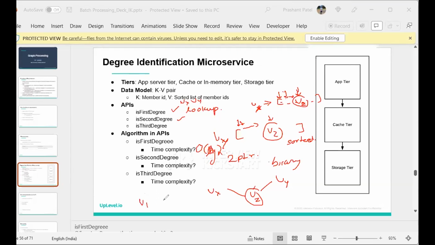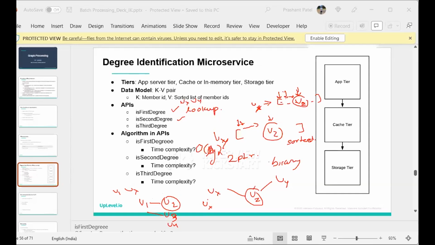Let's say we have to find user one versus user X. Instead of implementing some logic for third degree, we will simply iterate over all the connections of user one and check whether U2 and UX are second degree or not. So that would be the algorithm for third degree connection.